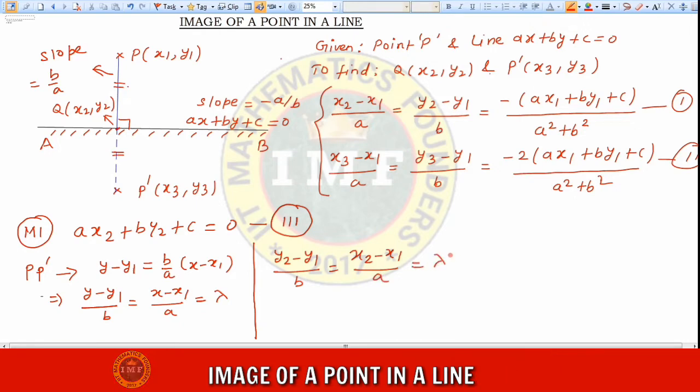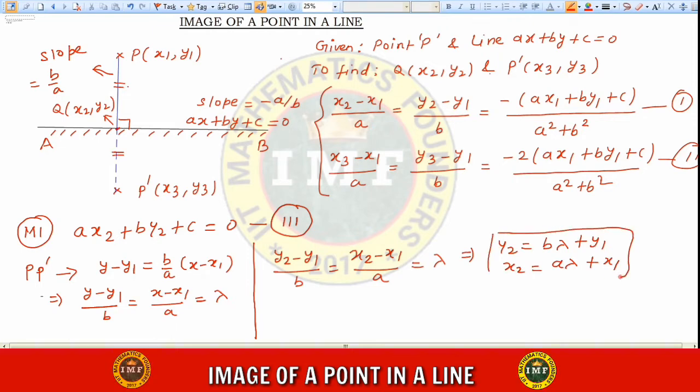Here this lambda is fixed, so from here I will get y2 is equal to b lambda plus y1 and x2 is equal to a lambda plus x1. Now these x2 and y2 values are known to me in terms of lambda, so I am putting them in equation number 3.